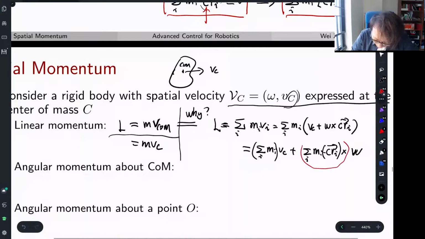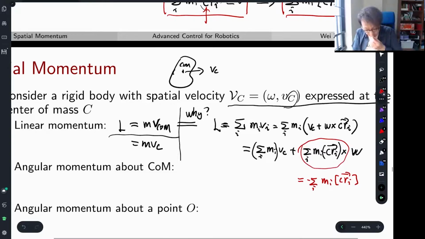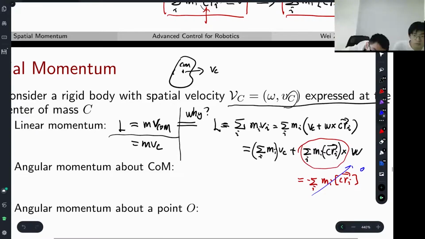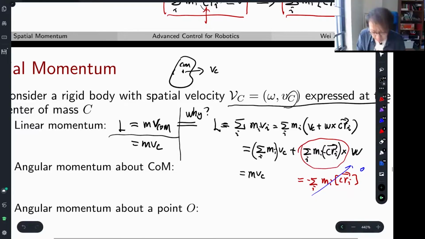This guy is zero, because negative CRi is a skew-symmetric matrix and the sum of mi CRi is zero. So overall, I have M VC. That's why a rigid body can be represented by the total mass times the center of mass velocity.